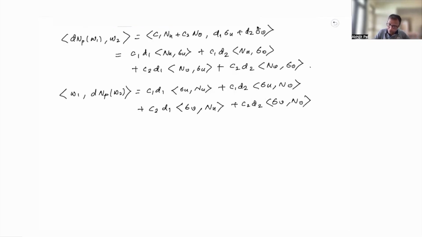Okay, so now note that this inner product is the same as this inner product, and this inner product is the same as this inner product.